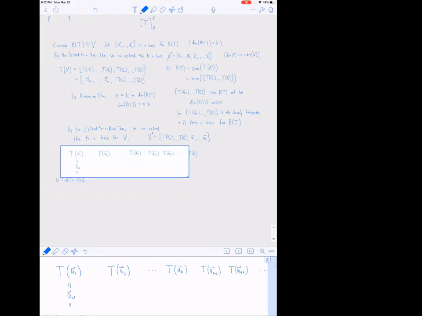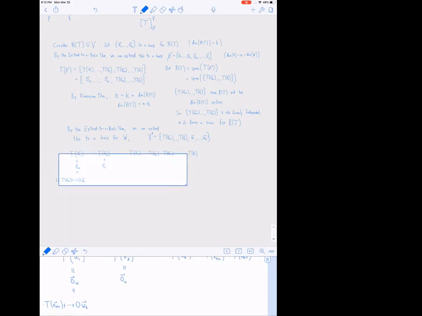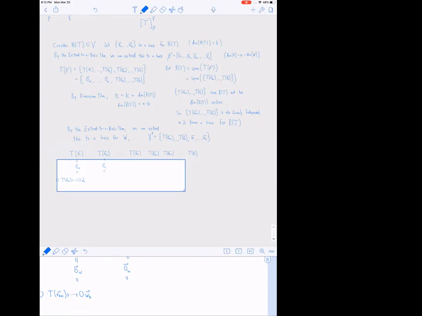So that's fine. And we're going to see that exact same behavior for all of these vectors in the null space. When we apply T, we just get the 0 vector. So we're going to be able to write this as a linear combination using only zeros as coefficients.